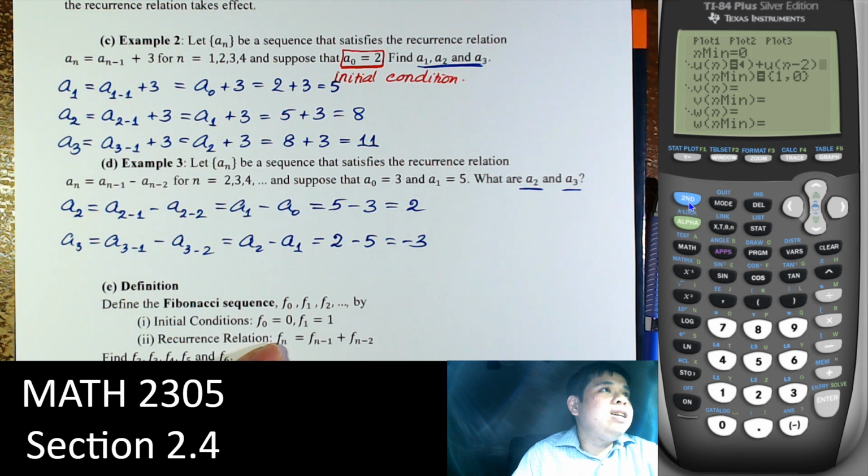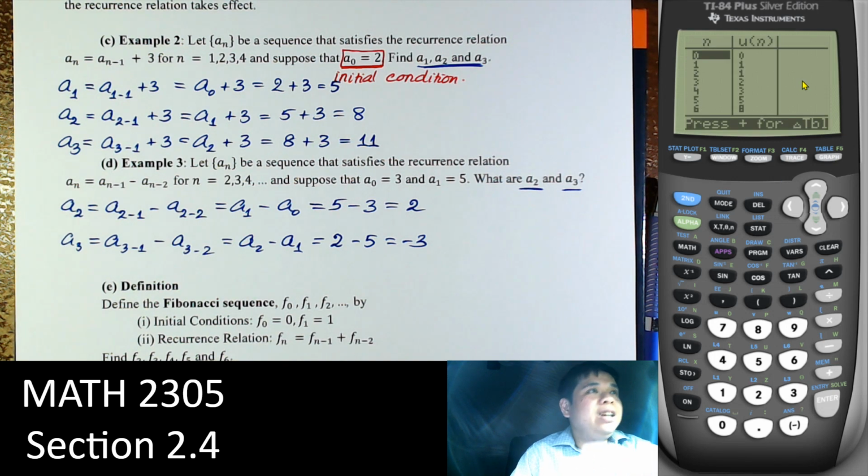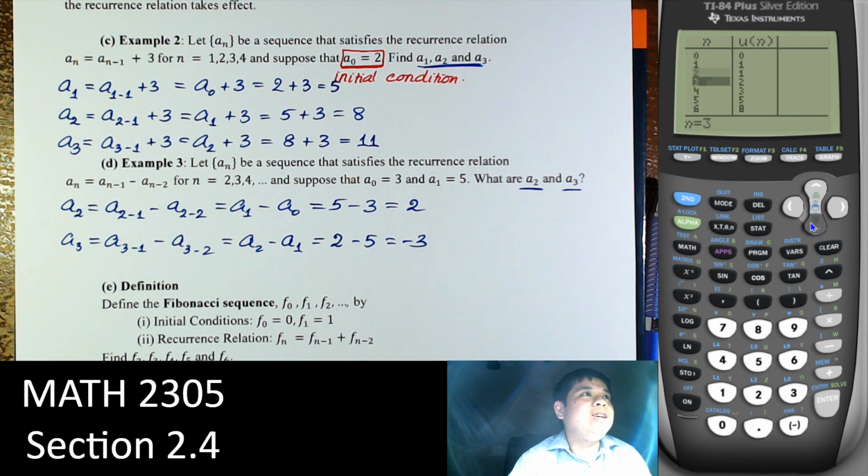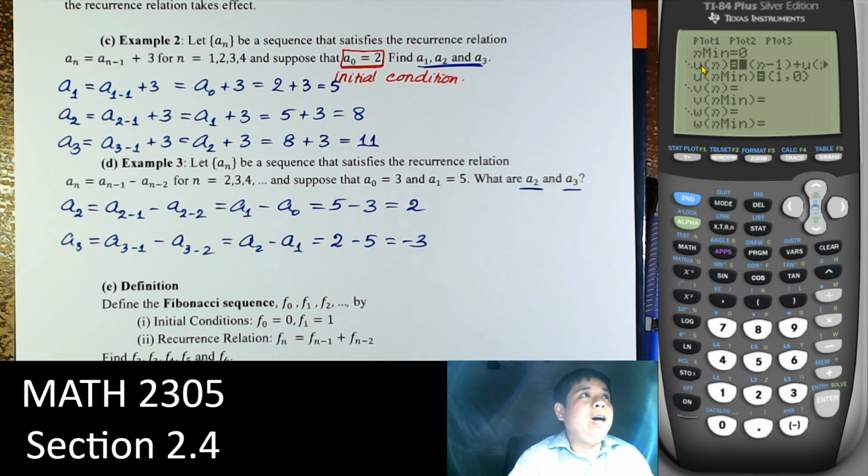And then second graph. That is all of the terms in the Fibonacci sequence. Right, so we use u sub n instead of a sub n. That's the only difference, right? Because in this calculator, it's difficult to enter the subscript. I mean, this calculator, yes, but the one before that, it was difficult to enter subscripts. So they just enter that as a function.